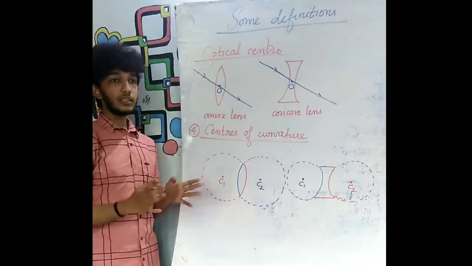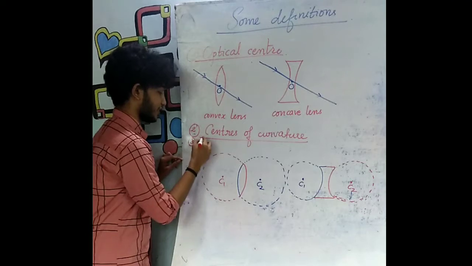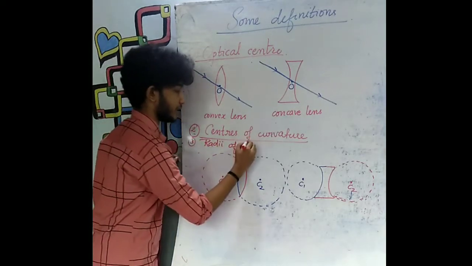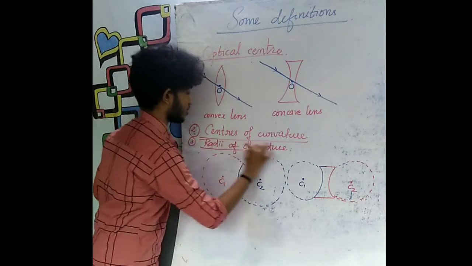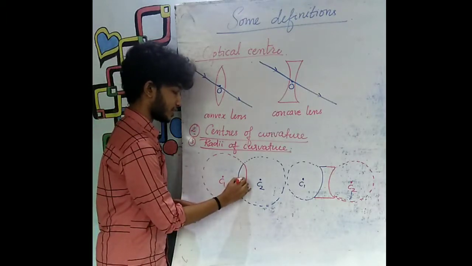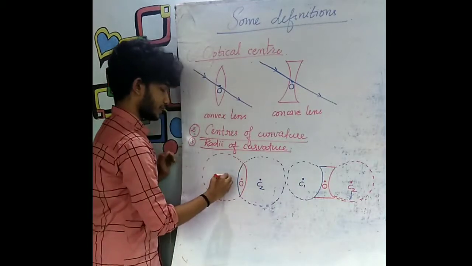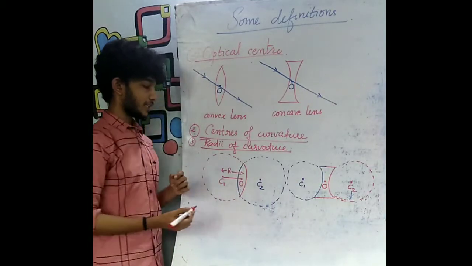Now moving on to the third term, that is radii of curvature. Not radius of curvature, radii of curvature. Radii is the plural of radius. So what will be the radii of curvature? It is the distance between the center of curvature and the optical center. This distance will be the radius of curvature. Or what does that mean?